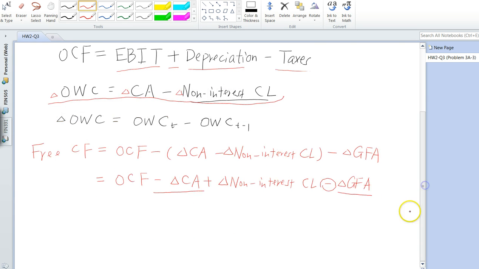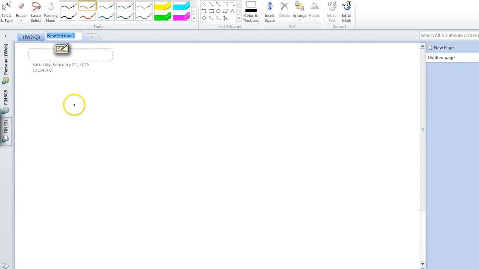We can use, let me use a new chart, we can use this fact. We know the bottom line of the income statement is net income, right?